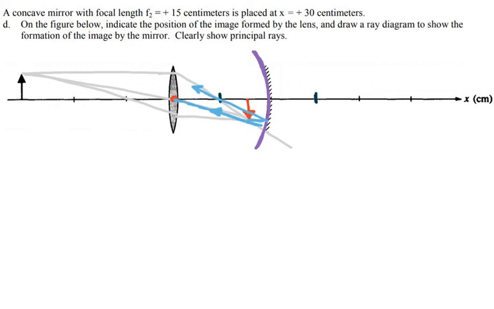If I continue those rays, because if there was an observer at each point, an eye over here looking at that ray coming in and an eye over here looking at that ray coming in, both eyes would think the object is actually located at this position. The previous image was real, but this one is virtual because the rays do not meet at this point.